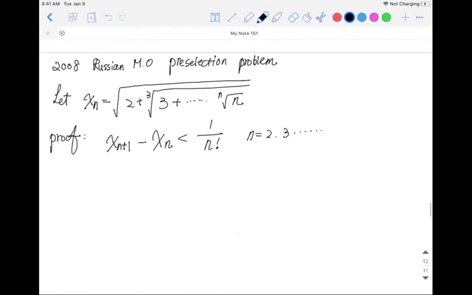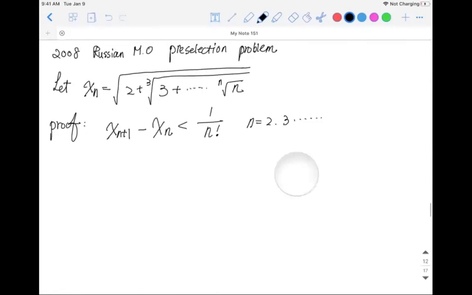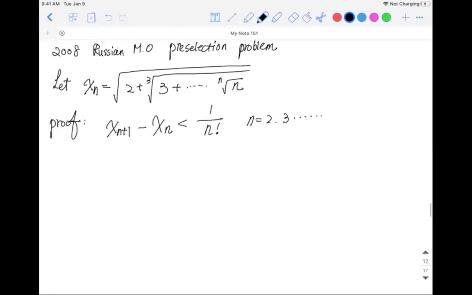Let me give you the official solution, and let's try to understand how it works. Whenever you see such a big number, let's try to verify for lower numbers, for 2 or 3, and see if it works. So this is quite understandable. I'm going to change the color.